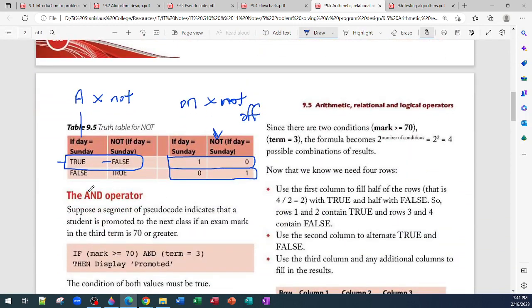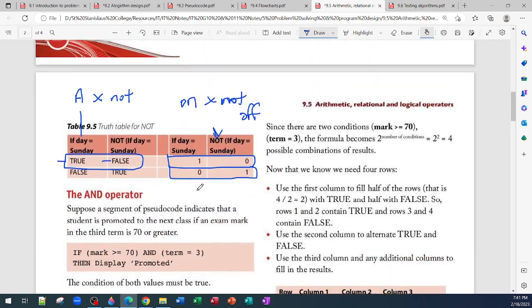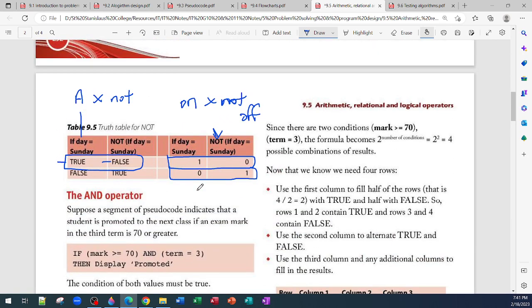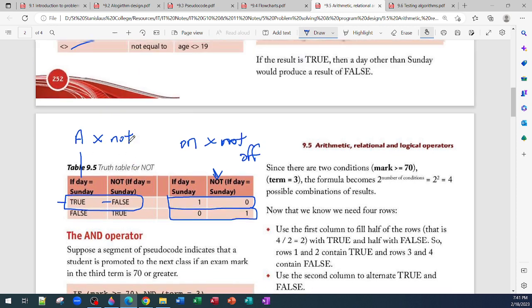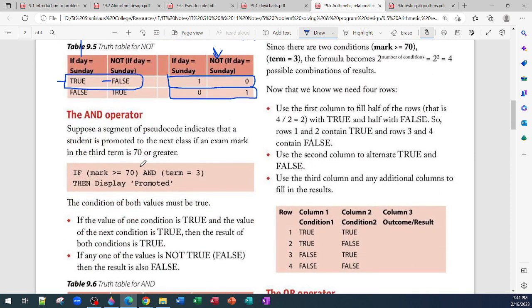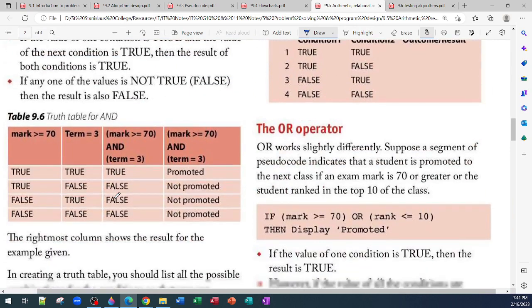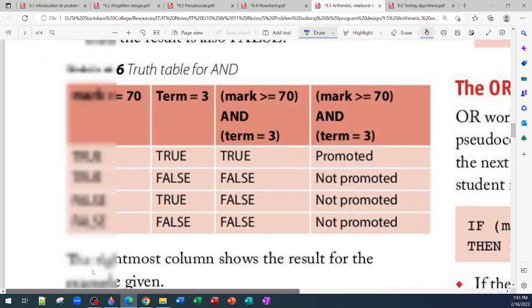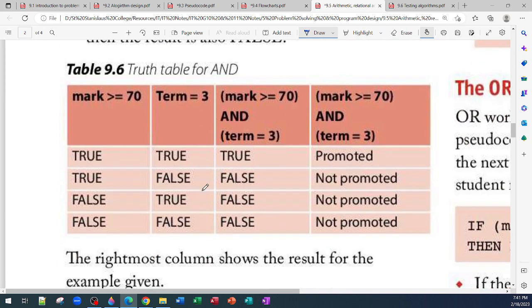The not, the and, and the or, it's a bit more into computer science. So that's why I was saying I don't really see it that often, but still good for us to know for exam. So once again, the not is basically the opposite value. It's only two values. All right, so instead of me reading through all of that, let me just go to the table. Because basically you just have to understand the table.